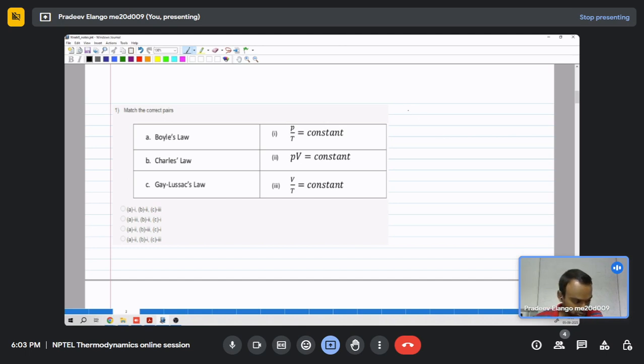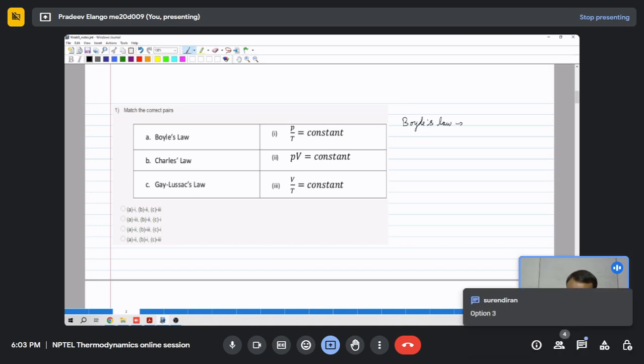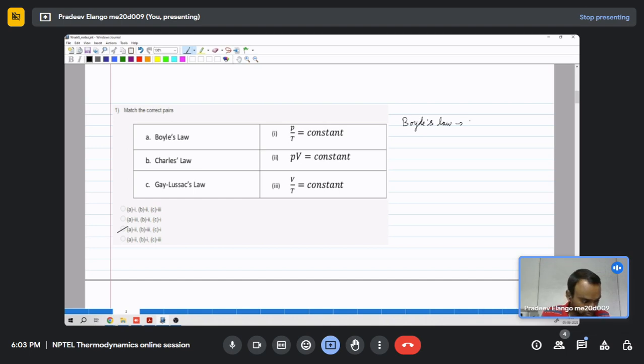So Boyle's law is option 3. Yes, so that is right. Boyle's law states PV equal to constant when temperature is constant.